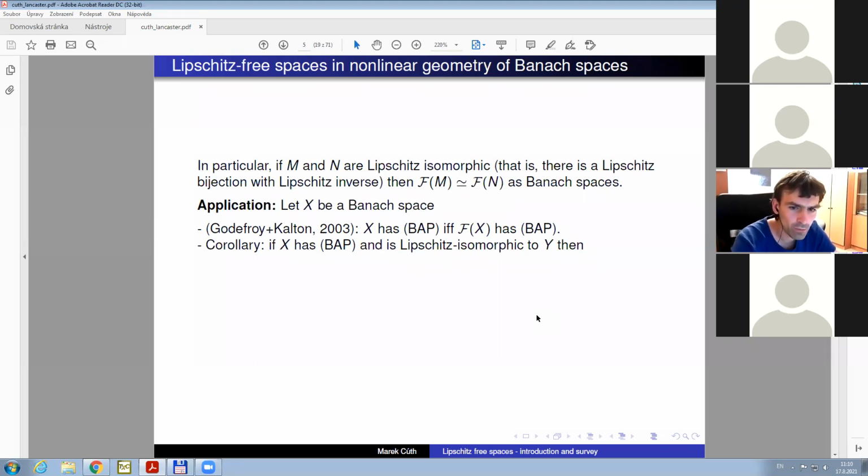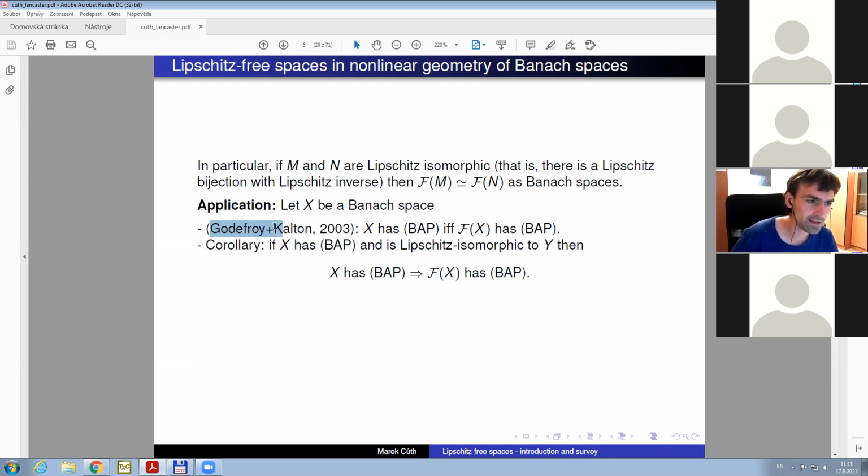I will not now recall what the bounded approximation property is. It's not very important. The important fact is that it is a property dependent on the existence of certain linear operators. So it's preserved by linear isomorphisms. So we have a Lipschitz isomorphism between X and Y. Since X has BAP, then F(X) has BAP.